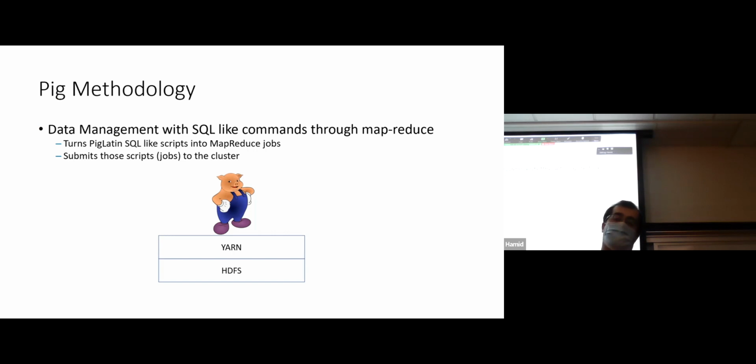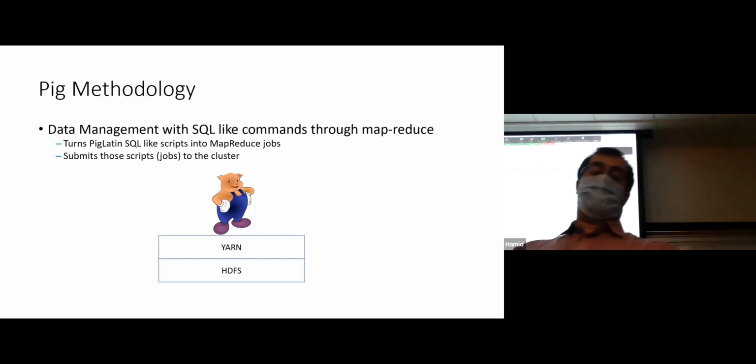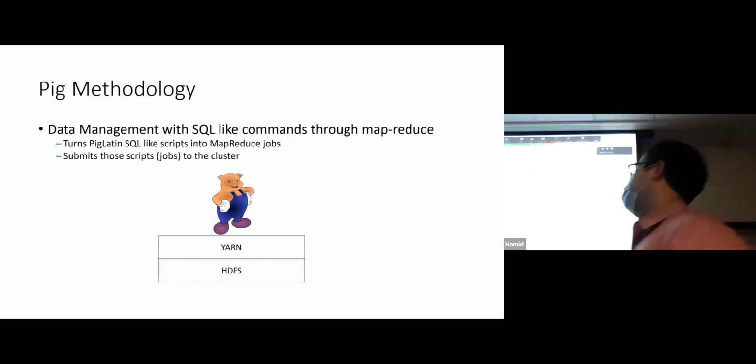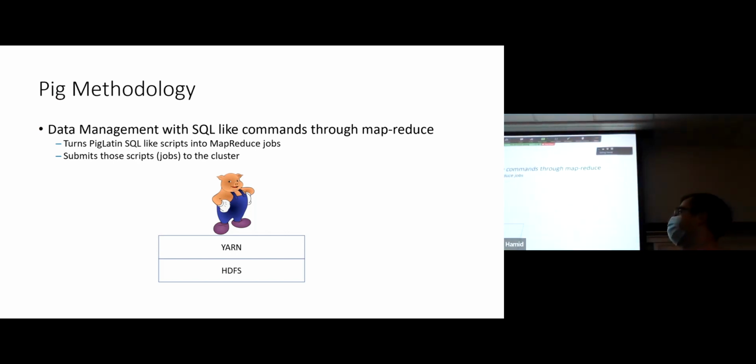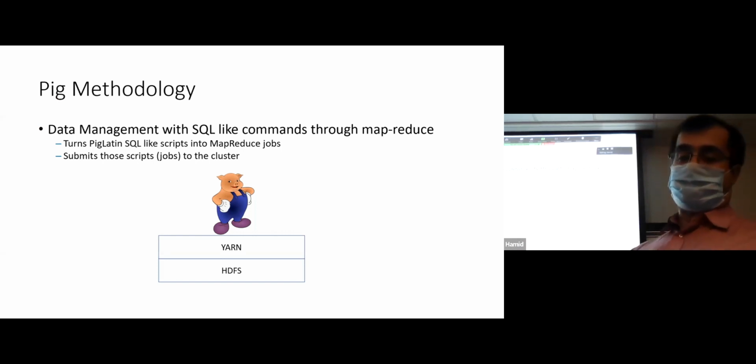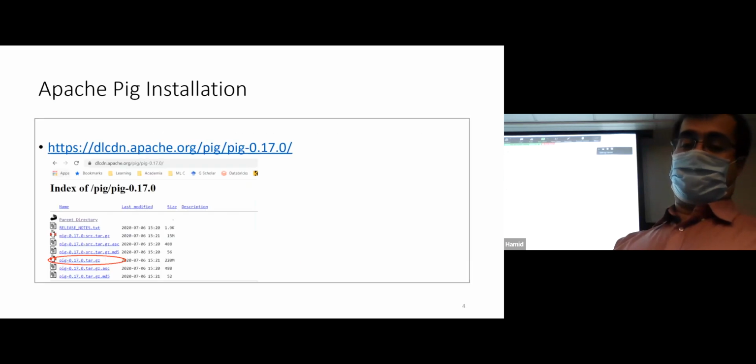Within Pig, we have some scripts, which we call Pig Latin, SQL-like, and Pig just turns them into MapReduce commands, which you don't even need to look at, and then runs those commands over clusters that already have the Hadoop ecosystem. This is the big picture.